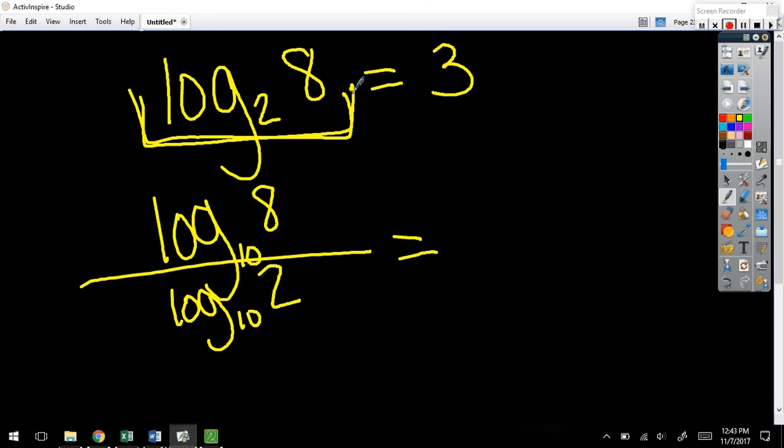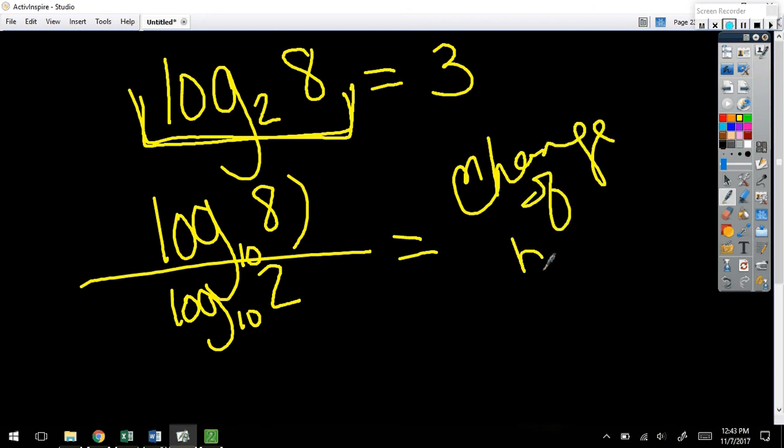So try it on your calculator. Since your calculator will do a log base 10, do log 8 divided by log 2 and see what you get. Well, I got 3. Close your parentheses after this 8.